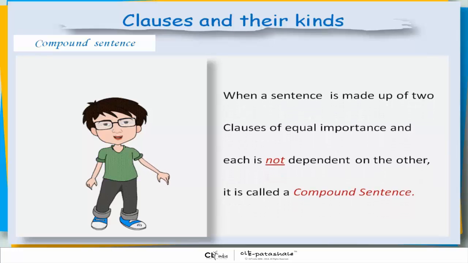Now let's learn what compound sentences are. When a sentence is made up of two clauses of equal importance and each is not dependent on the other, it is called a compound sentence. So in a simple sentence we had just one clause, whereas in a compound sentence we have two clauses and both are equally important and they are not dependent on each other.